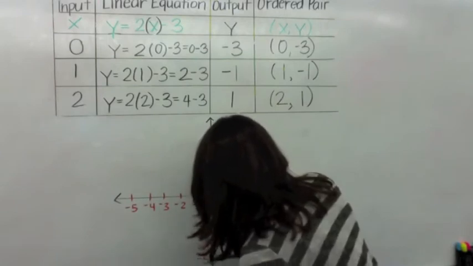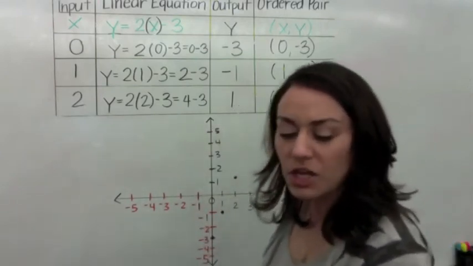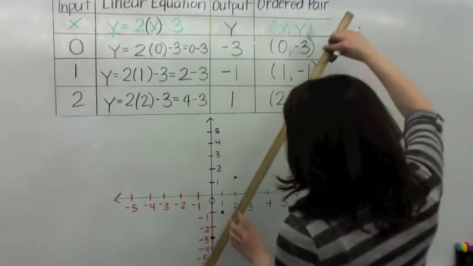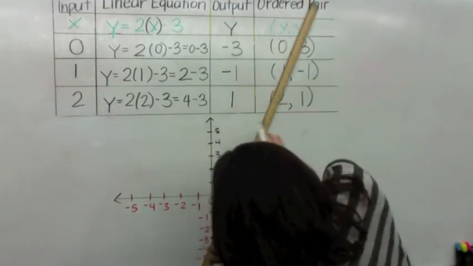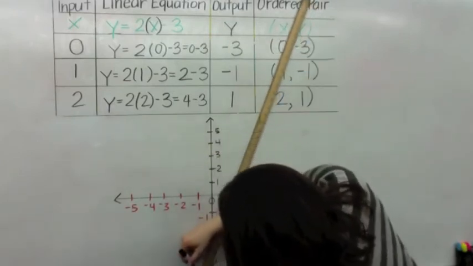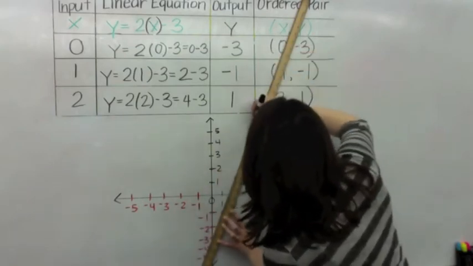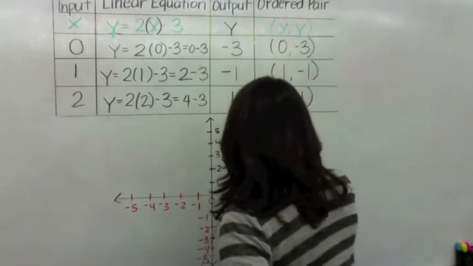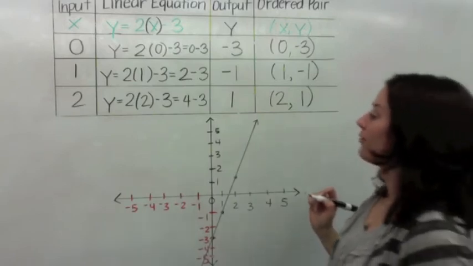Now take a look at these 3 points. When you have 2 points, actually, you can make a line. But we did 3 just so you could see the steepness of this line. So you're going to connect the dots, okay? And it is a good practice whenever you make a line to write the equation for the line.